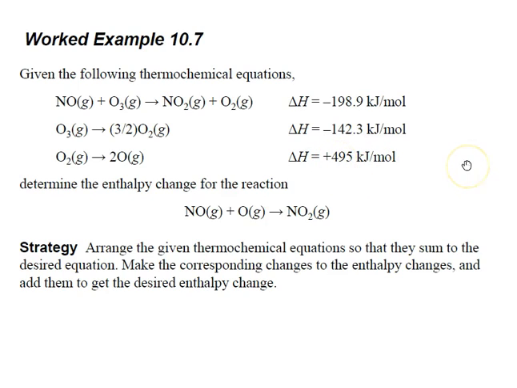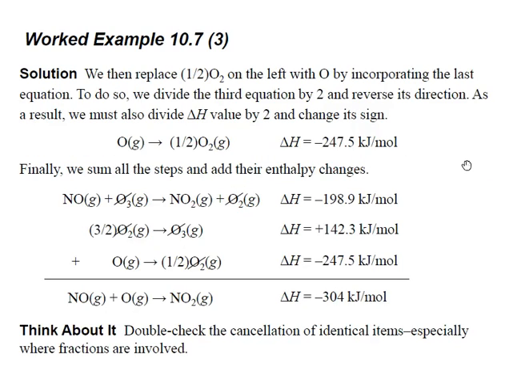And then we also divide. Let's divide by 2. Sorry if I said divide by 3, it's because of the third equation. We divide the third equation by 2, reverse its direction, so we swap the sign and then divide that by 2, we get 247.5.